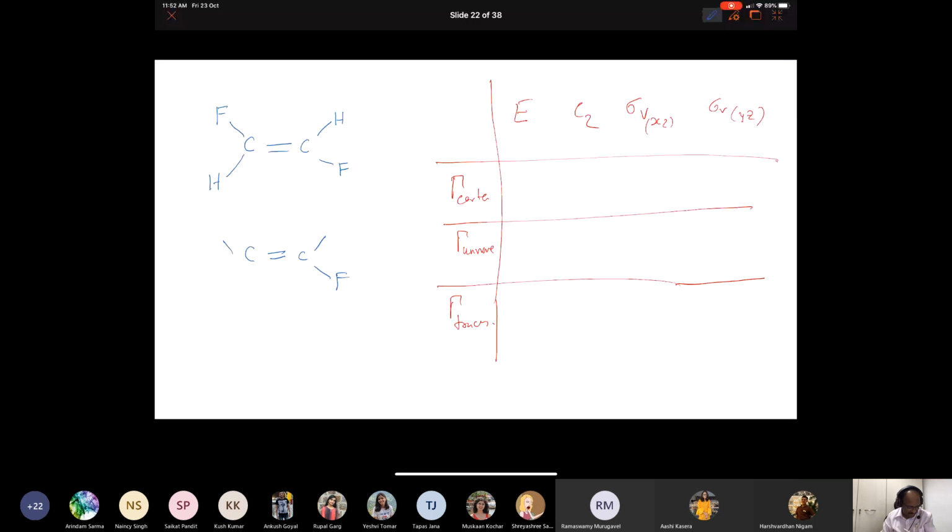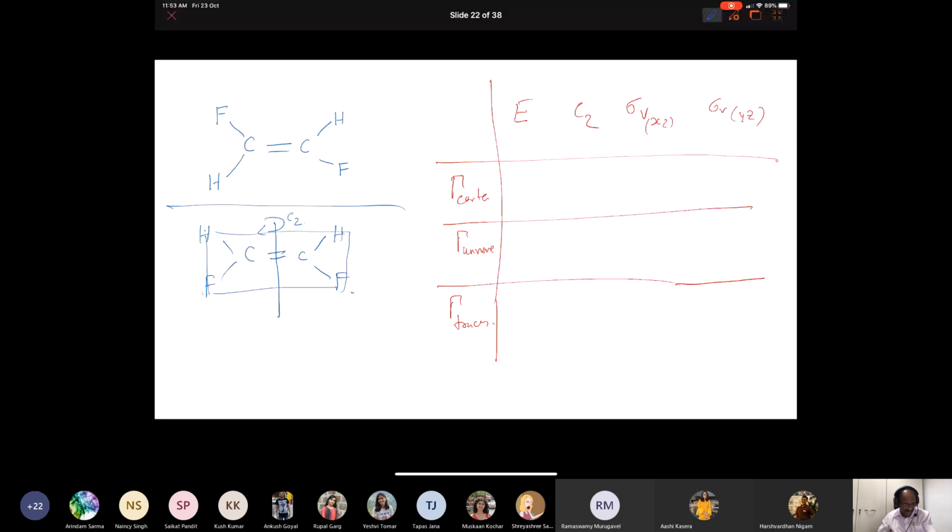For the exam I will ask you for real molecules. So this is a cis molecule. Now you have the C2 right here, and because this hydrogen goes here, this hydrogen goes here, and fluorine goes here, you have a plane and a plane perpendicular.